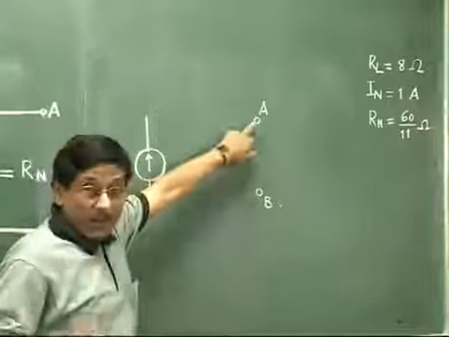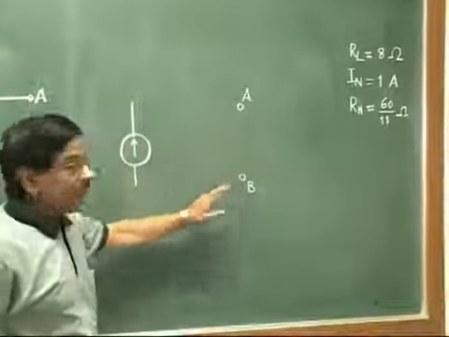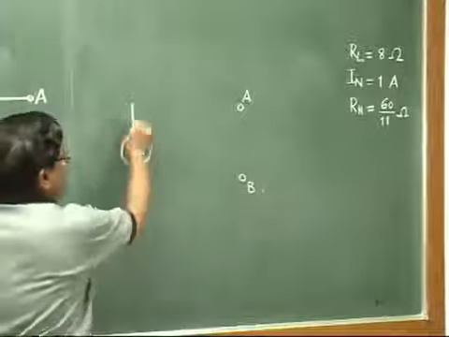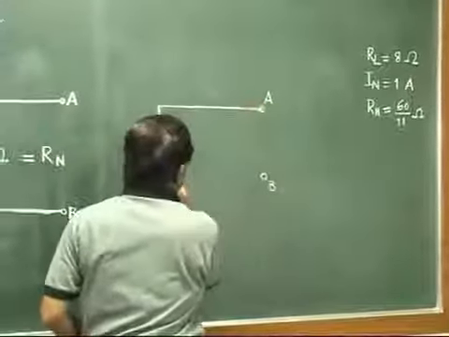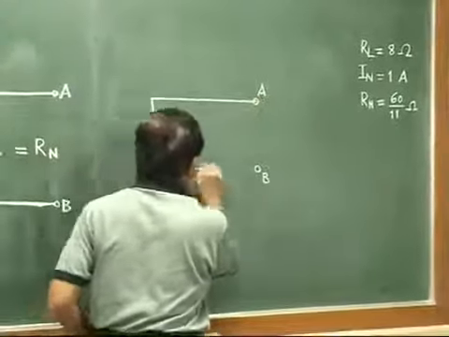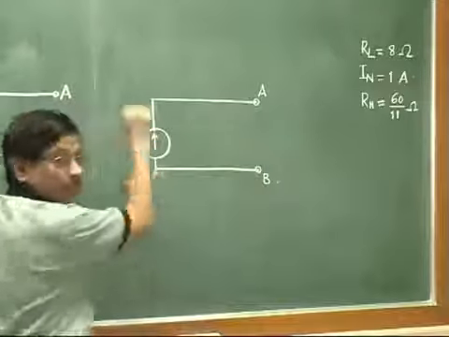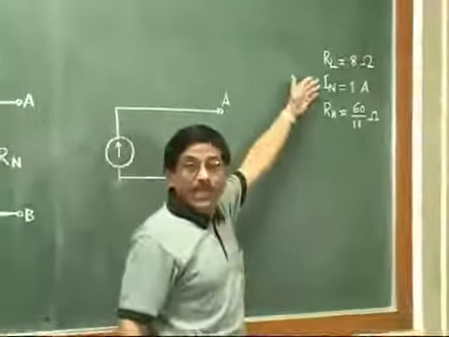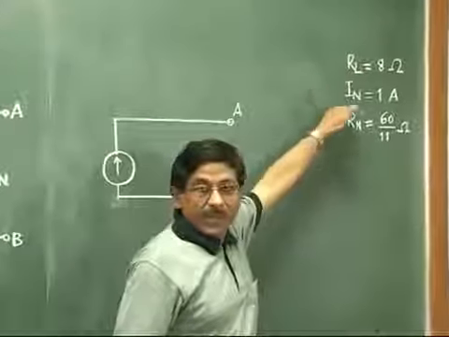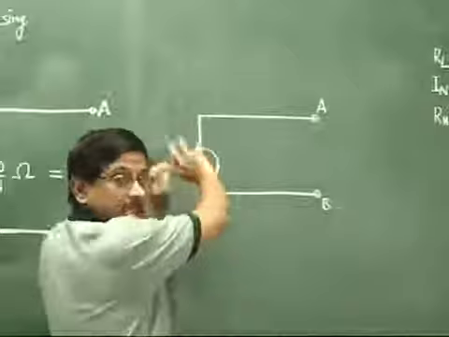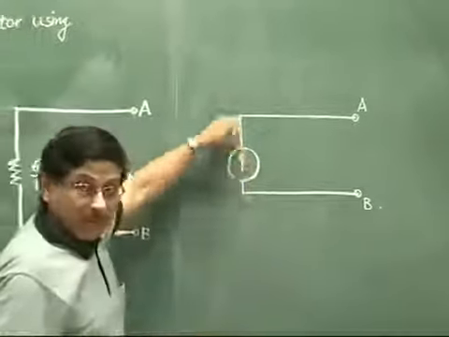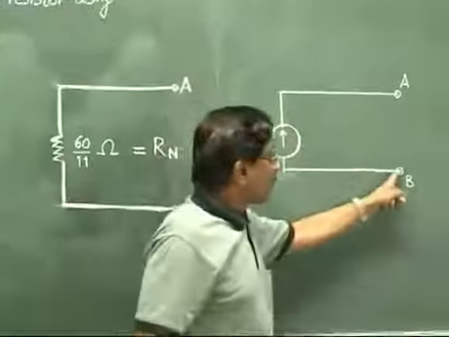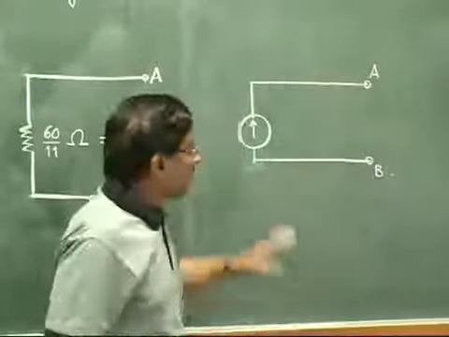Now our point A we have shown here, B we have shown here. So if we connect it in this fashion, then only the current will be flowing from A to B. Otherwise, if you had got this answer as negative, that would mean you would have connected the source in opposite polarity, with the arrow downwards, so that the current would flow from B to A. Okay, that is the thing.